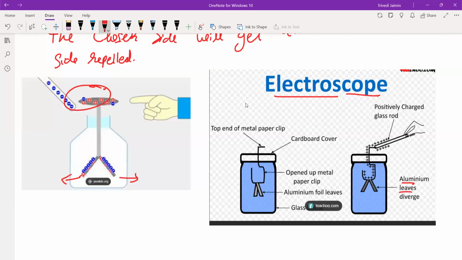So we can understand whether this is a positive charge or a negative charge. Even if a negative charge is nearby, it will move or repel. Here in this case, if you observe, this is a positive charge. So we are bringing a positively charged rod near and it starts repelling. This is for gold.